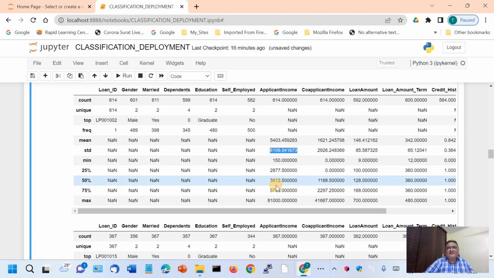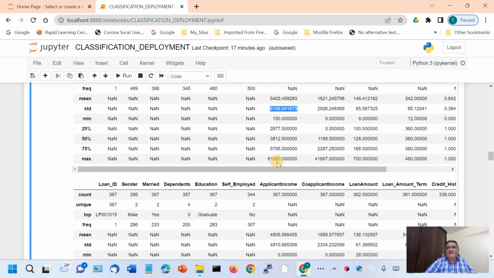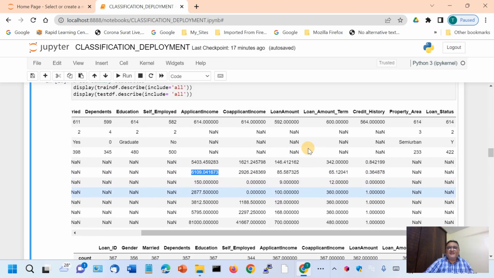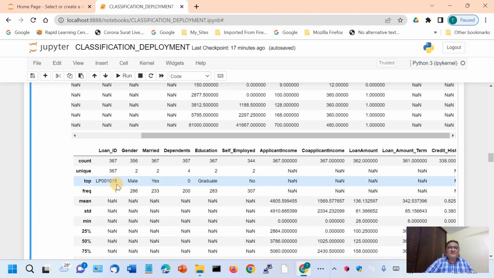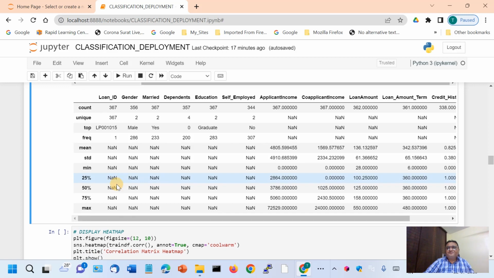For that there are some minimum, maximum, mean, standard deviation, etc. Co-applicant income also. So wherever there are numeric values, there you can find this. Okay. Similarly, this is the summary statistic for the test data set.